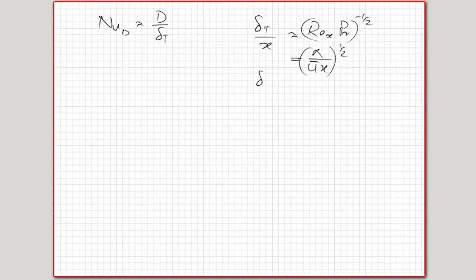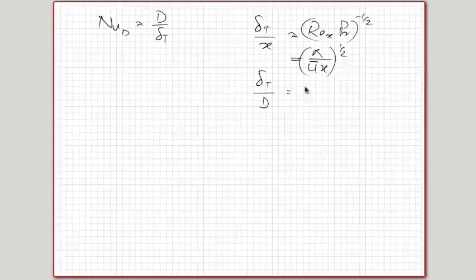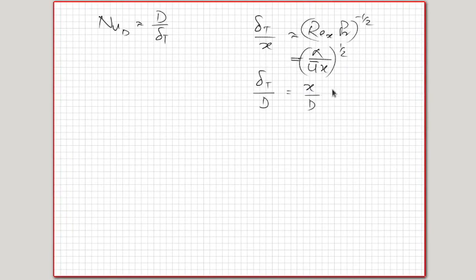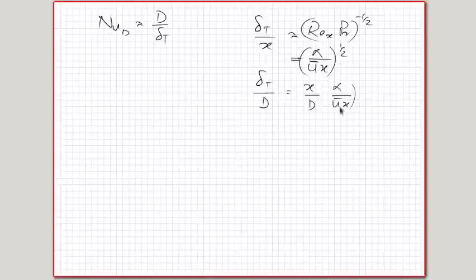So if I want delta T divided by d, I just have to multiply by x by d, and I get x by d multiplied by alpha by u bar x to the power of half.